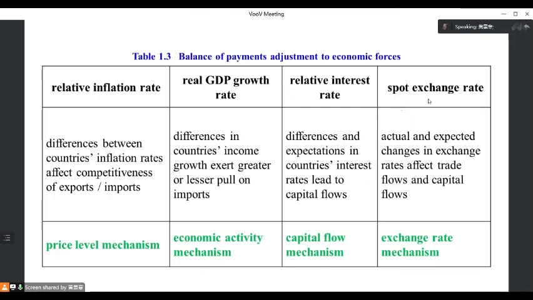Let's see spot exchange rate. Actual and expected change in exchange rate affect trade flows and capital flows.